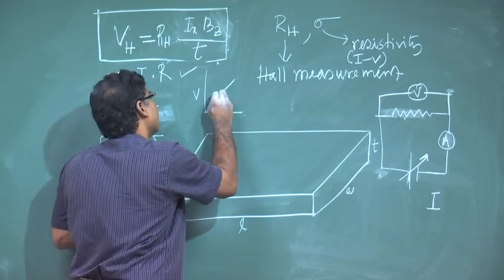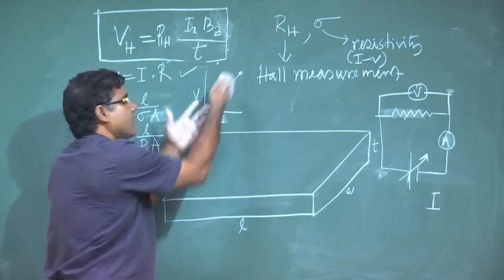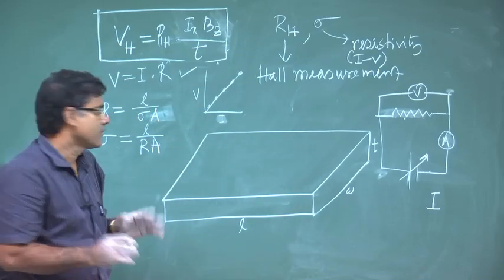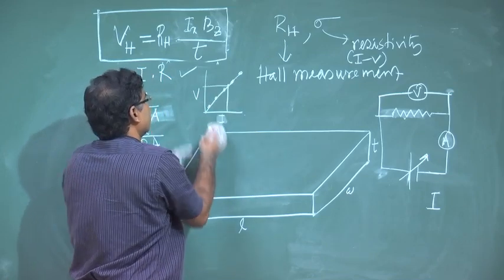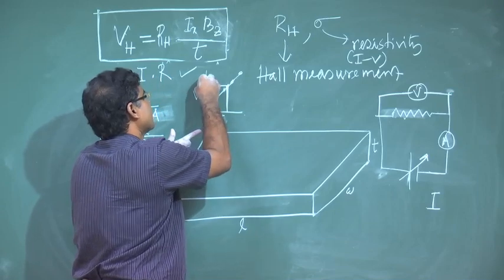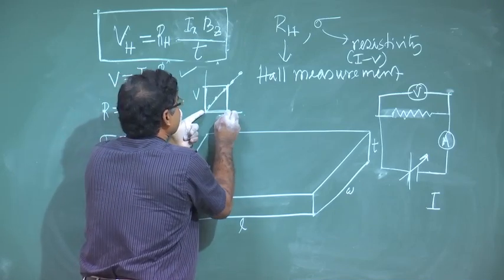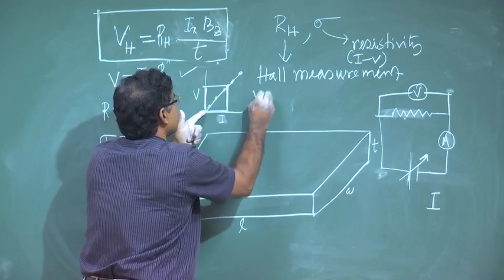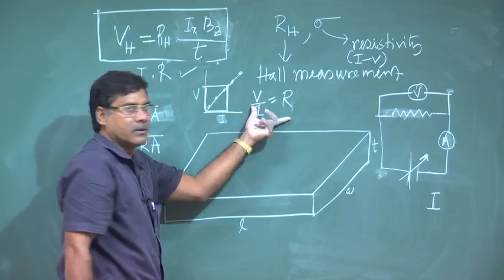Experimentally, we generally measure many times, plot, and take the average value. So, for this current, this is the voltage. I know this voltage, I know this current. So, V by I gives this R value.